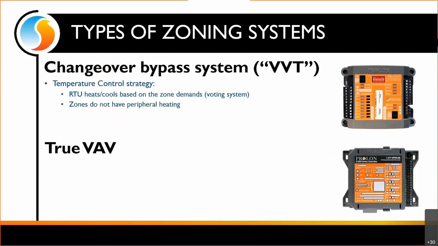So the main features of this kind of system on the temperature control side is the zones. Each zone is going to create either a heating or cooling demand, and then through a voting system, it is going to determine whether the unit is going to enter heating or cooling mode.